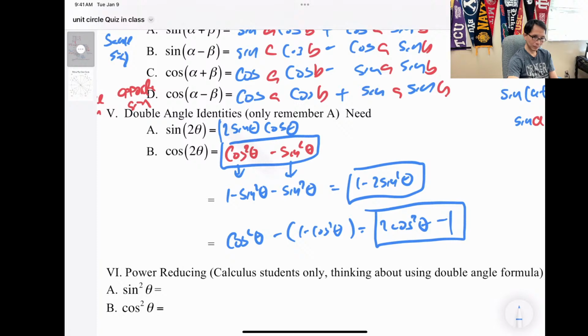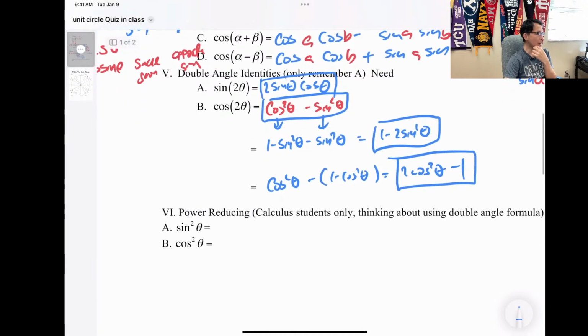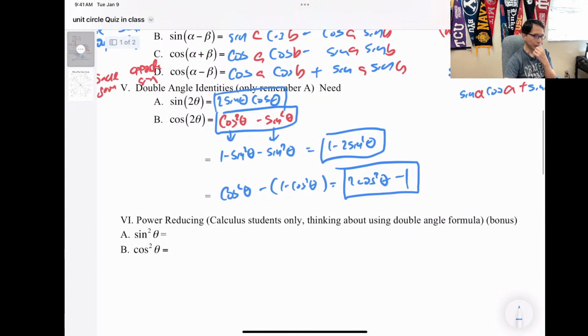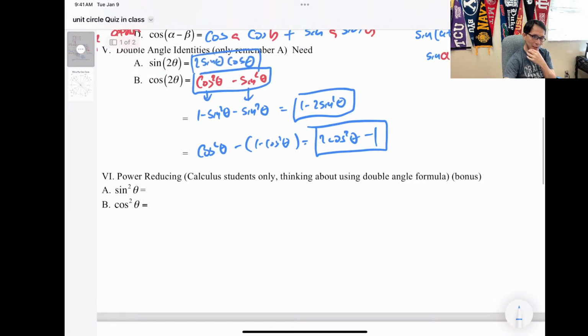Why are there so many ways to play with the same thing? Because usage depends on when. Now, I'm going to talk about power reducing. On BC Calc, you're going to have to use power reducing. So to answer Rajesh's question, why do we have so many? If you see here, cosine 2 theta equals 1 minus 2 sine squared theta. Do you see that there's a sine squared?